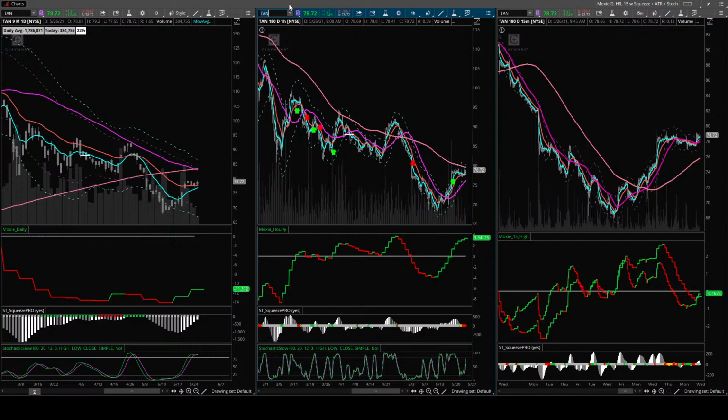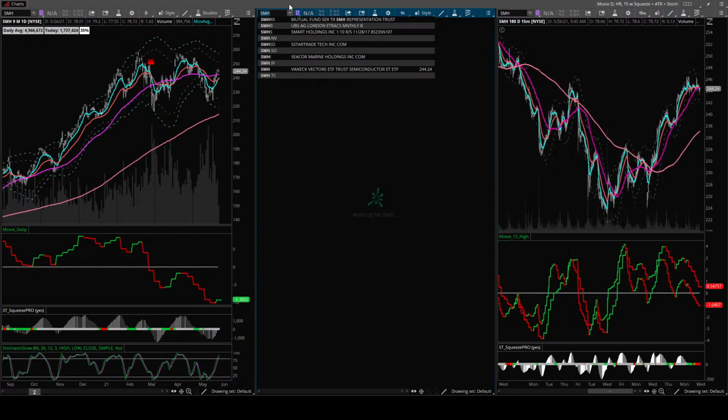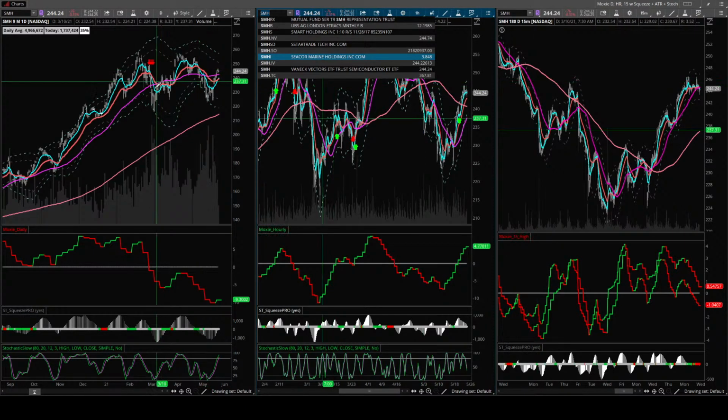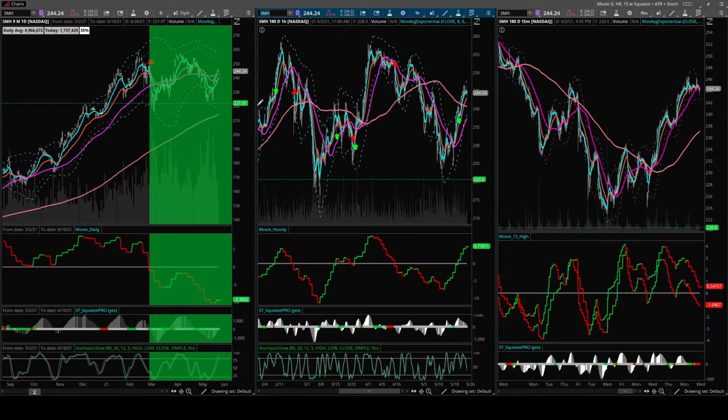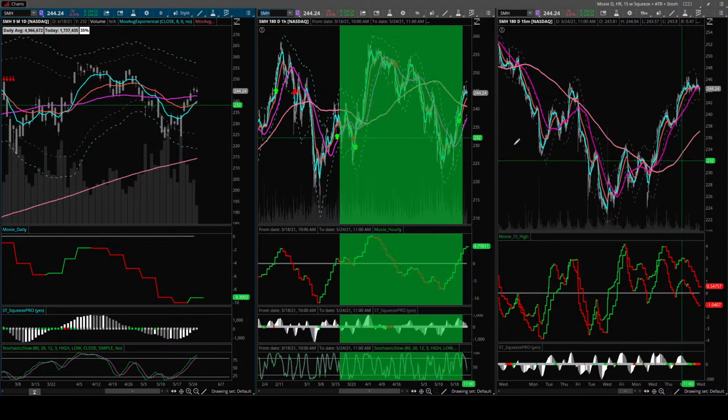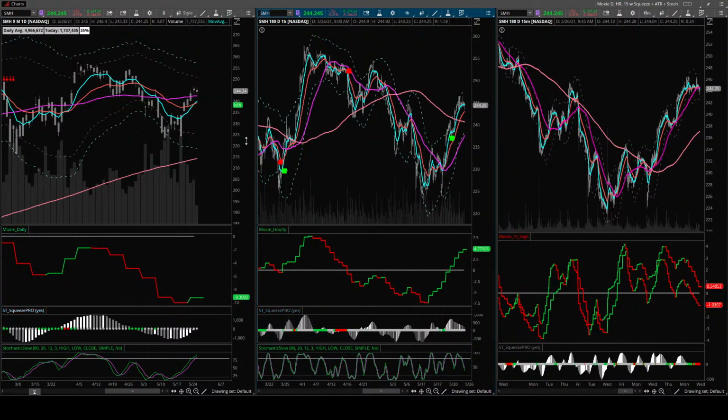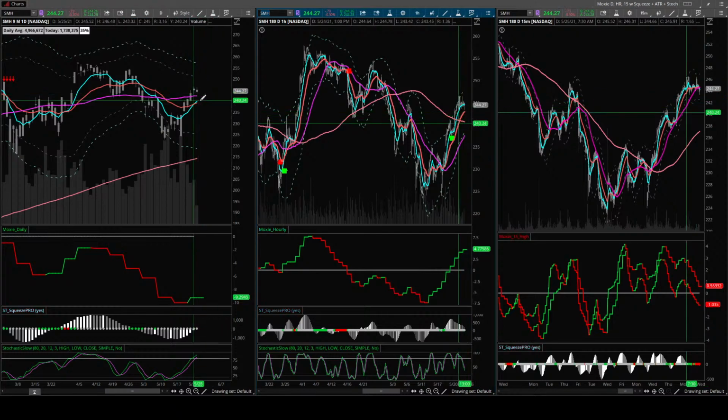Let's see. One of the other things, SMH was another one of the ETFs that I'm looking at, and it looks very, very similar to the Nasdaq, in that I think we need to see a little bit of a pullback to some support. I see that there is also a gap off of the 8 EMA on the daily chart.